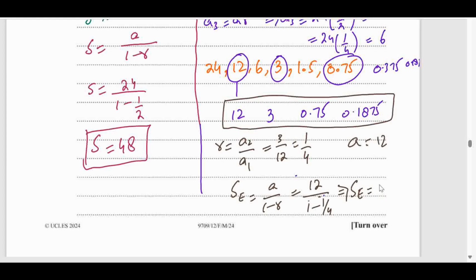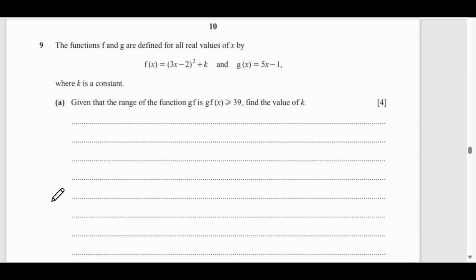So S_E will be equal to 16, and then this will be the final answer. I hope that the concept is clear. If you have any question, you can ask it in the comment section. Let's move to the next question, question number 9.